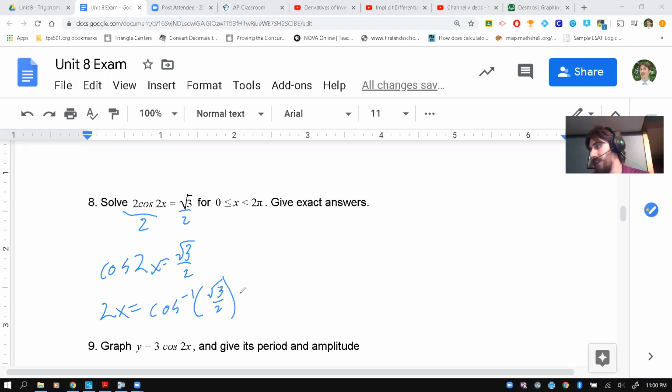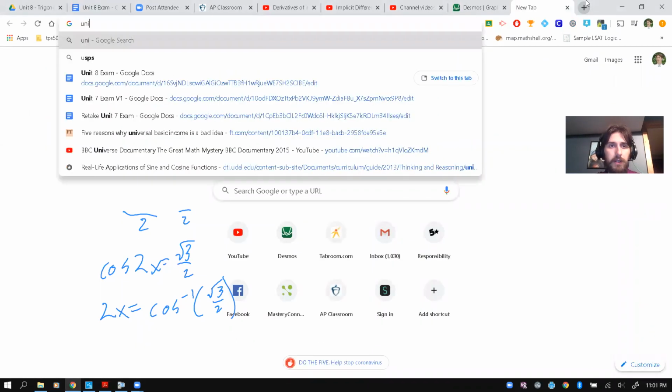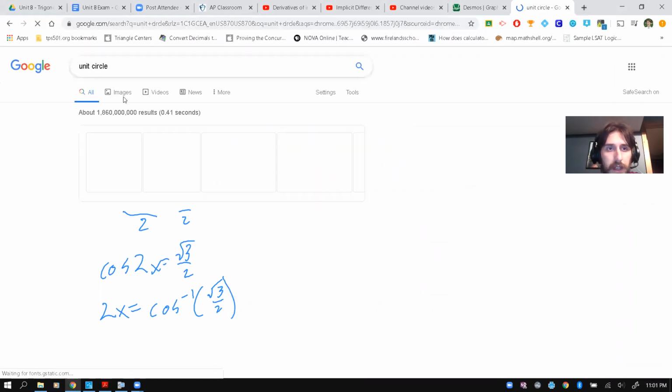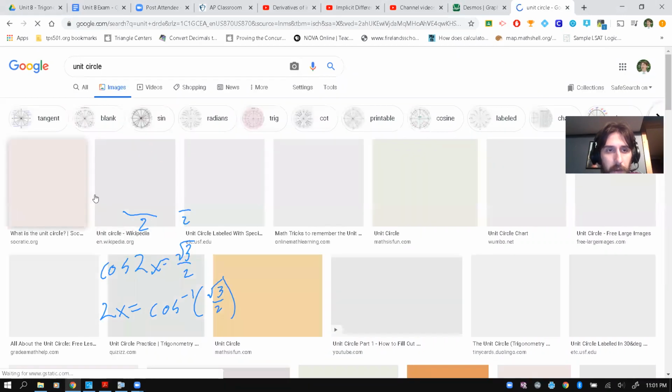And then I'm asked to give this answer in radians. So you could, if you don't have it, since we're supposed to give exact answers, you could find a unit circle chart by just Googling it and clicking images. There's tons of them out there for you.